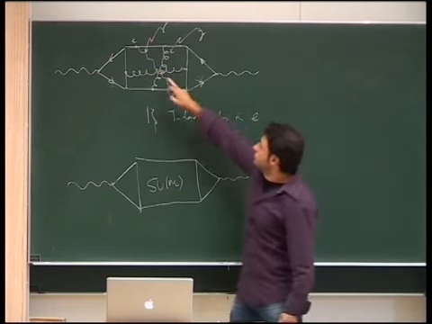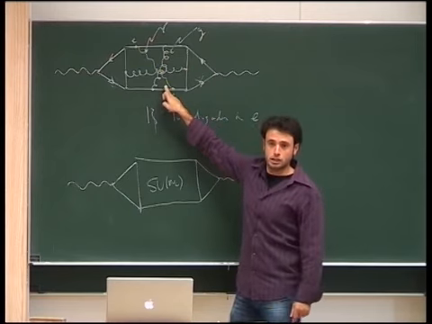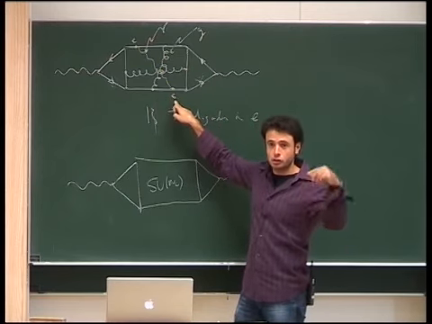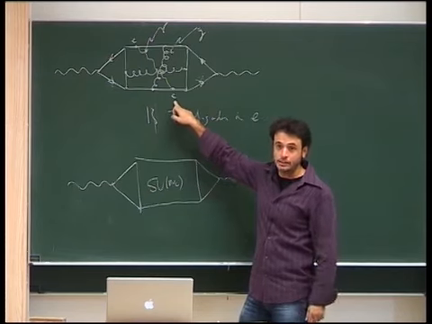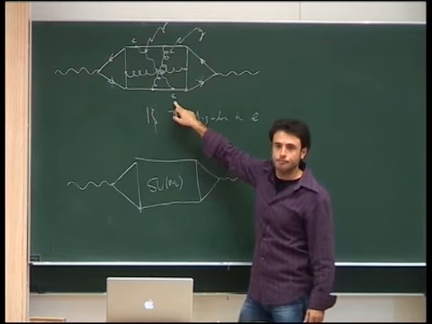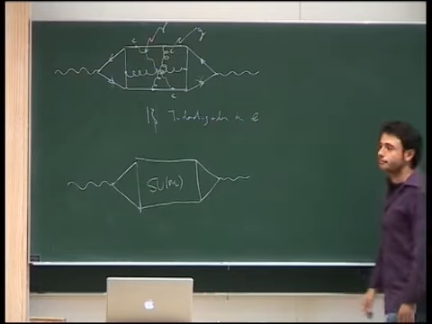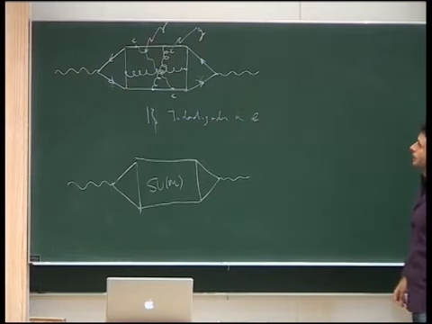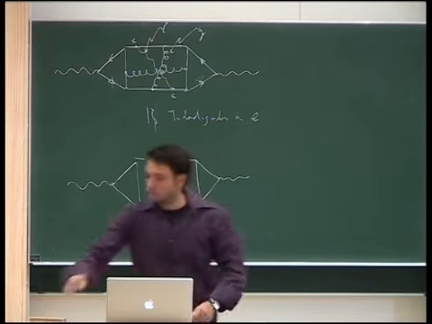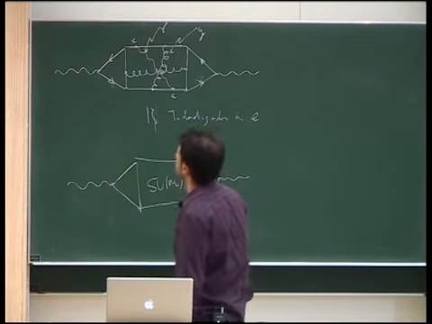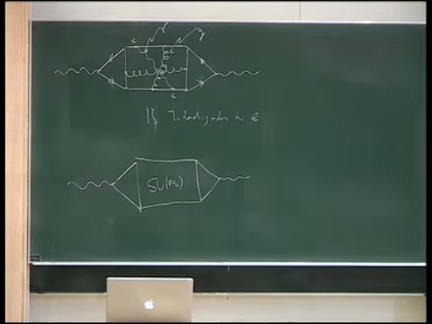The only difference is when you have these photon loops, which always come with some power of E squared. Is that clear? Good. So I can erase this bit here.